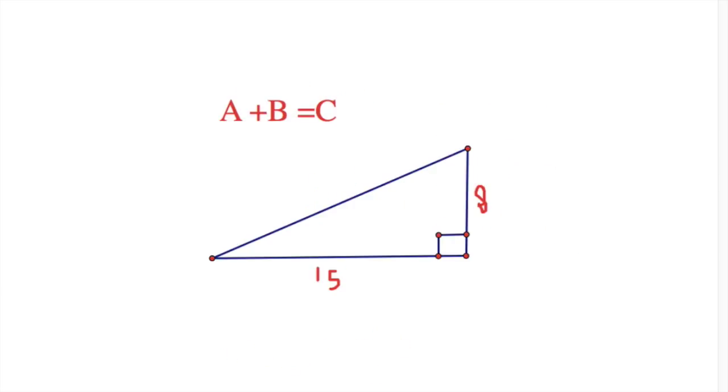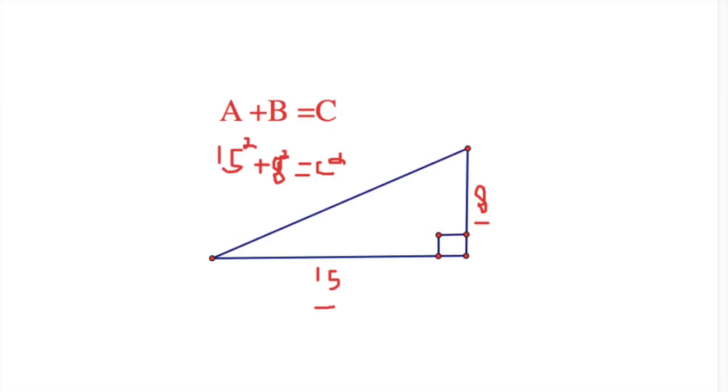Let me show you another example. So we find 15, which is a, then we find 8, which is b. So 15 squared plus 8 squared equals c squared.